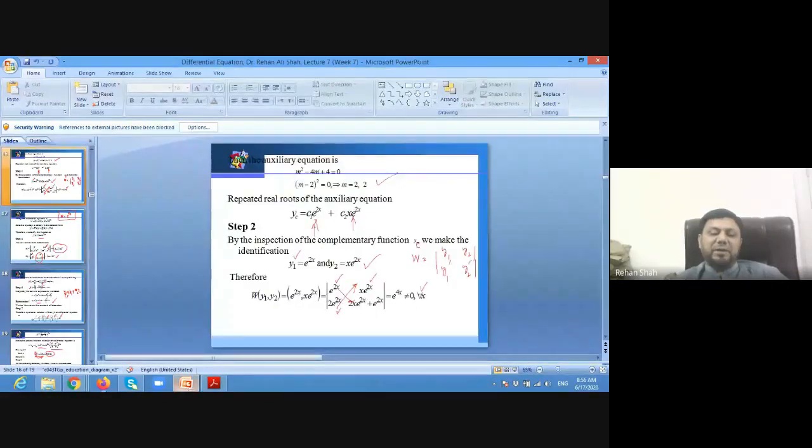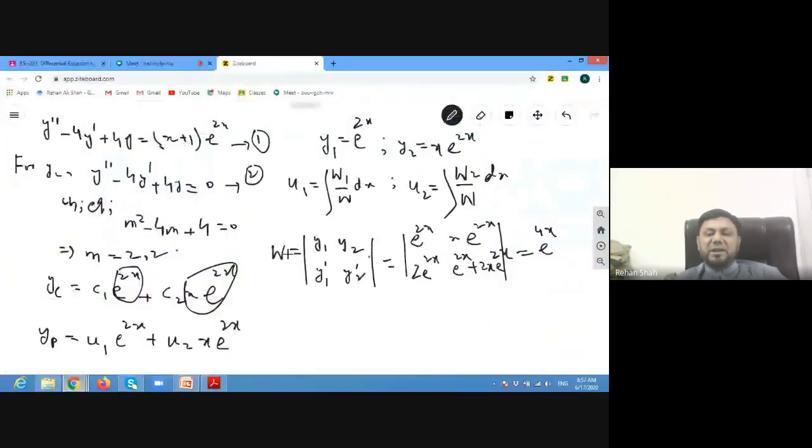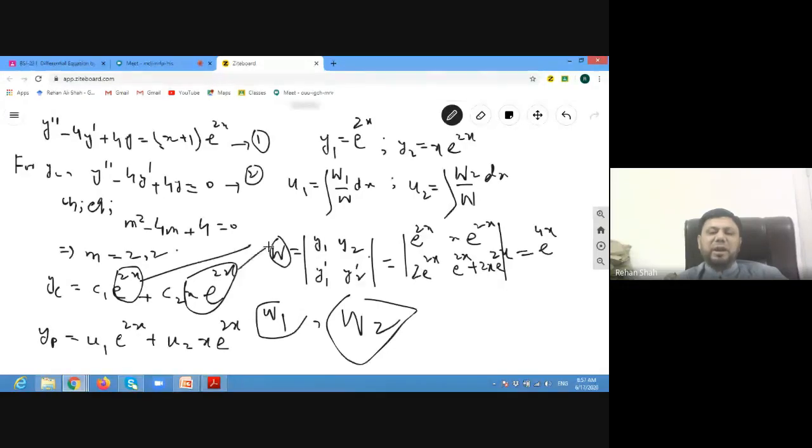So remember three things. For W1 and for W2, you need only three things. One is Y1, another is Y2, another is f of x. You need three things: Y1, Y2 and f of x.